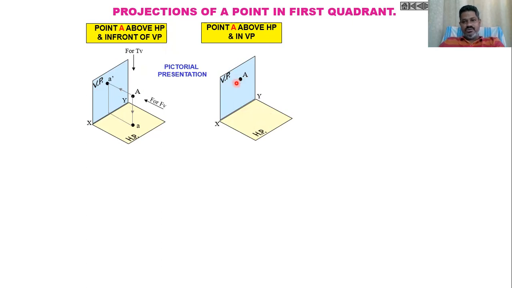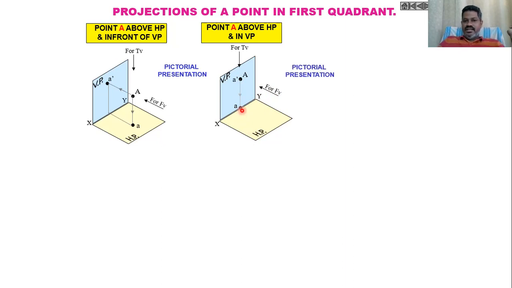If we want to draw the projections, this will become our front view and this will become our top view, and this point itself will become A dash, the front view, because it exactly lies on the VP. The point in this case exactly lies on the XY line, and this will become A. That means the top view exactly lies on the XY line when the point lies in the vertical plane.